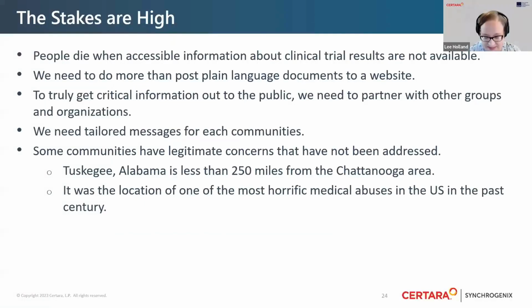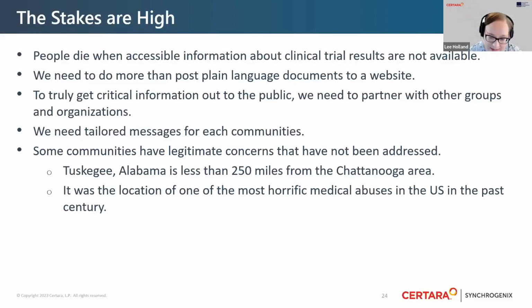Now, I'm going to start off by saying the stakes are high. People die when accessible information about clinical trial results are not available. I'm going to repeat that again. People die when accessible information about clinical trial results are not available. We need to do more than just post plain language documents to a website.